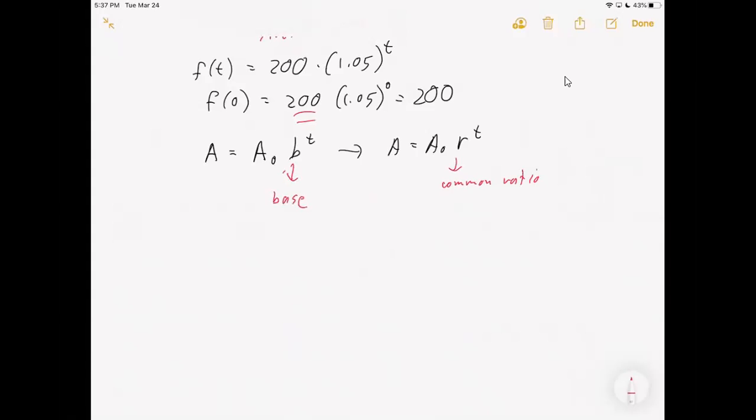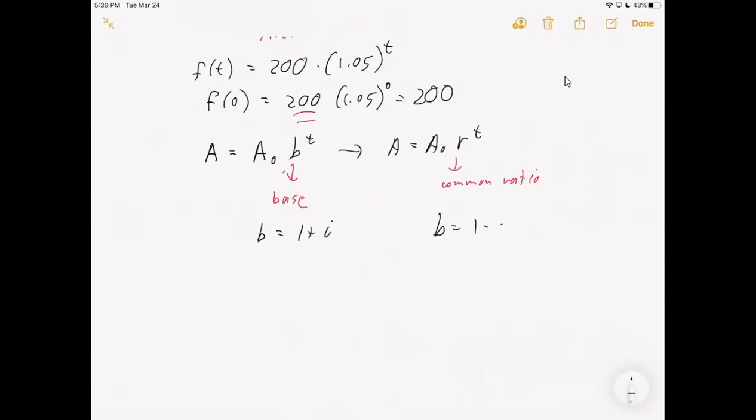Now, in either case, if we're doing financial stuff, we're talking about having some interest rate. So whether we're using b or r, b gets replaced by 1 plus the interest rate. In the medical dosing, where we were actually taking something away, b ended up being 1 minus the amount removed.